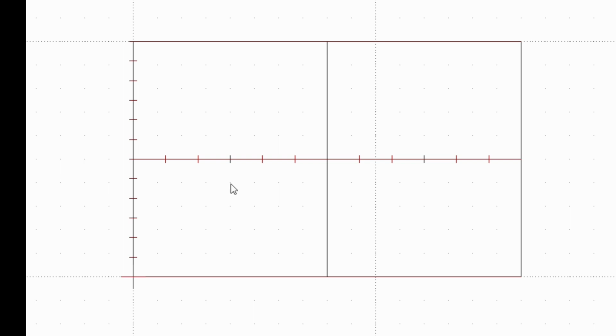Okay, so we have the side of the rectangle divided into 12 parts, and also the major axis divided into 12 parts.